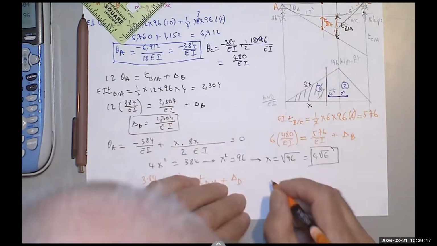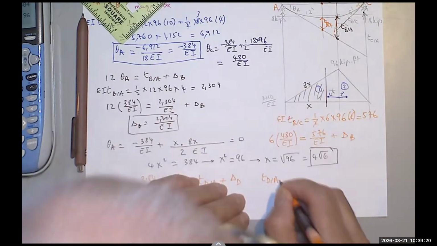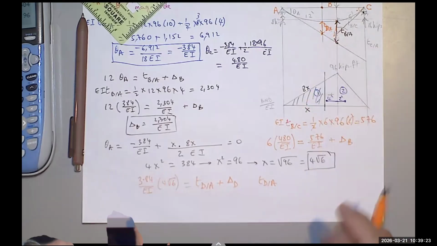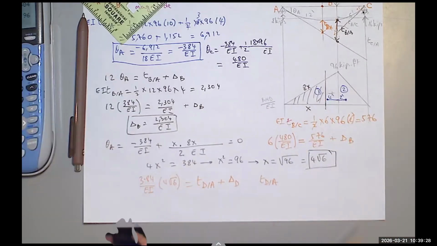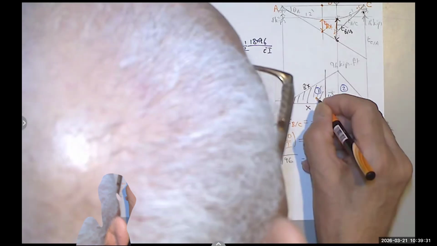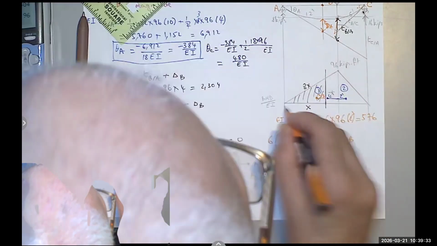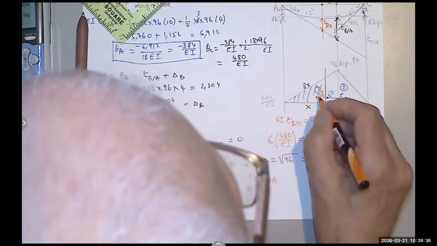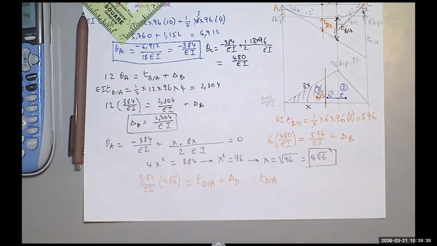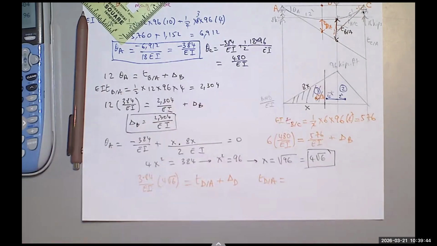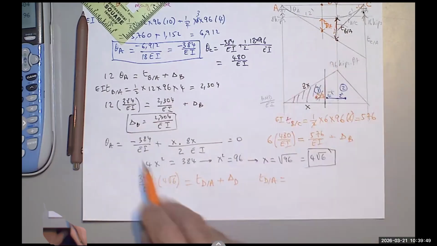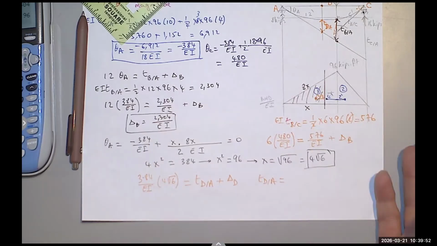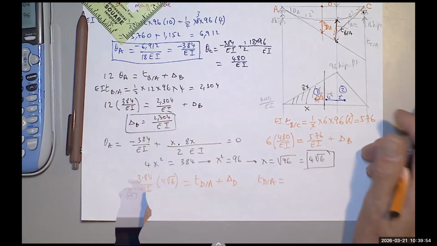So let's find TD with respect to A. Well, to find that, I have to take this area, which I already know, and multiply it by x over 3. If this is x, the centroid of this triangle is at 1/3 of that line. Okay? So first of all, we already know that this area is 384 over EI. There is no reason to write it again, but you can if you wish.